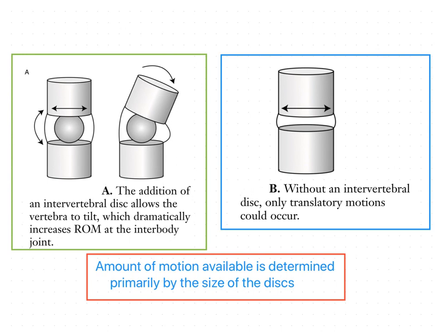The motion that takes place between the vertebral bodies and the intervertebral joint is similar to what occurs when a rubber ball is placed between two wooden blocks. Here this is the schematic representation.